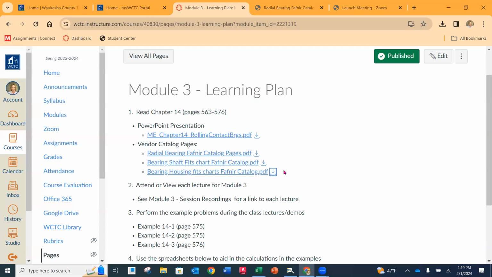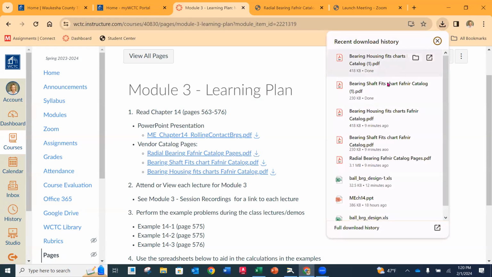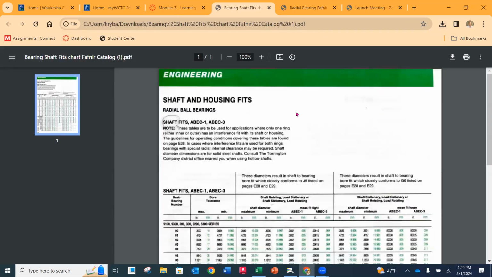You're going to want to try to find something like that for whatever vendor you're looking at, okay? But again, rather than going through all the pages in a PDF online, I thought this would be easier. So now we're going to open that up. So I'm going to go to the bearing shaft fits chart, and notice that it's green. So it's a little bit different color. So this is the engineering section.